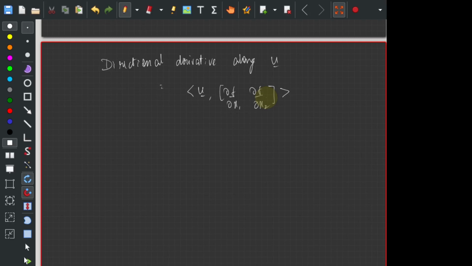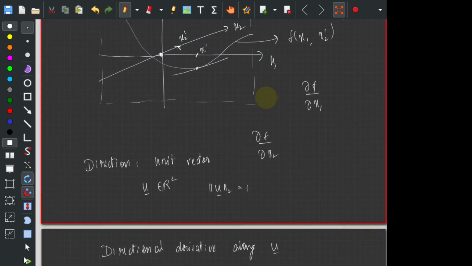Projection of the tangent along that particular direction. Okay. I don't see any other responses here. Projection of the unit vector on the plane formed by the two derivatives. Okay. Does everyone agree?